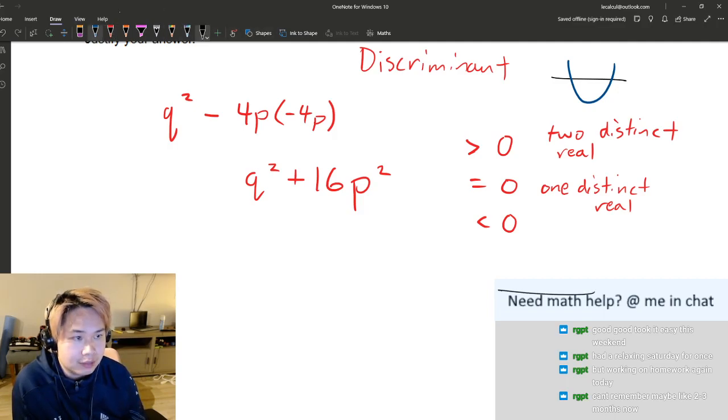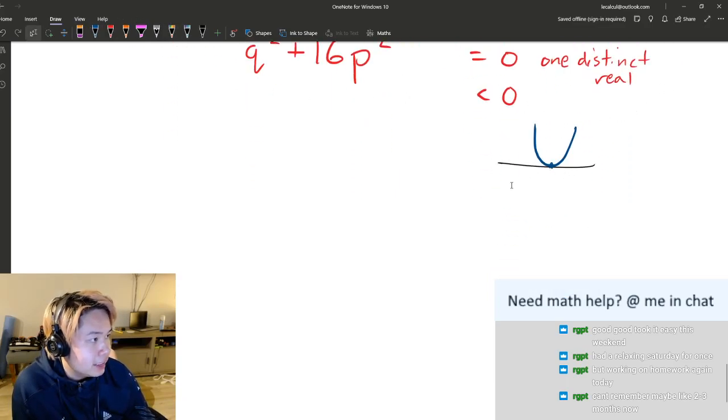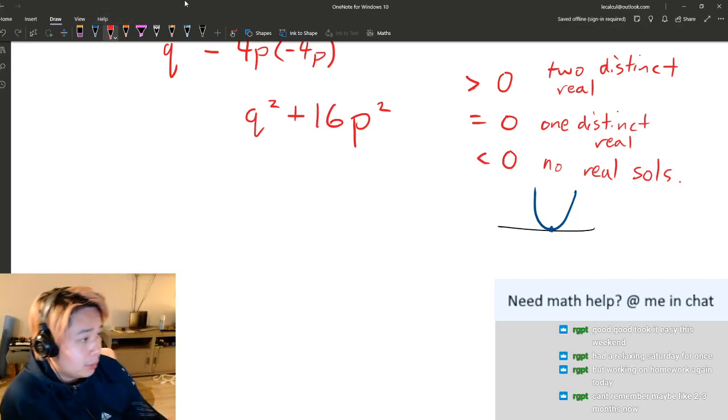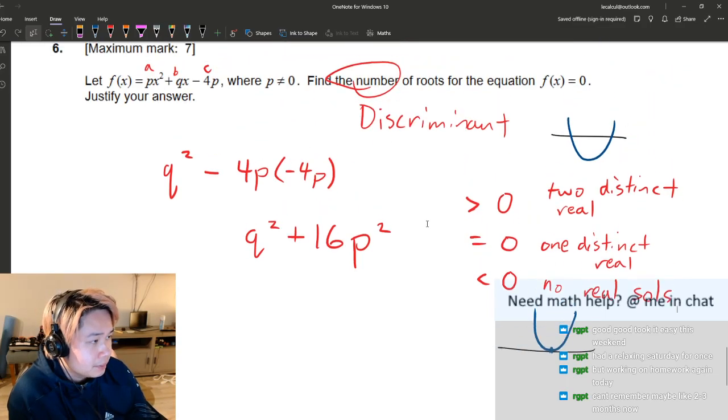So if you were to graph it, it only touches the x-axis once. In other words, the vertex is the solution. And the last one, no real solutions. So if you were to graph it, we graph a parabola that does not intersect or touch the x-axis.